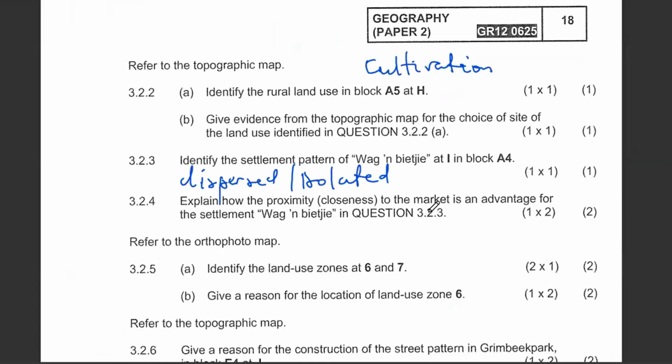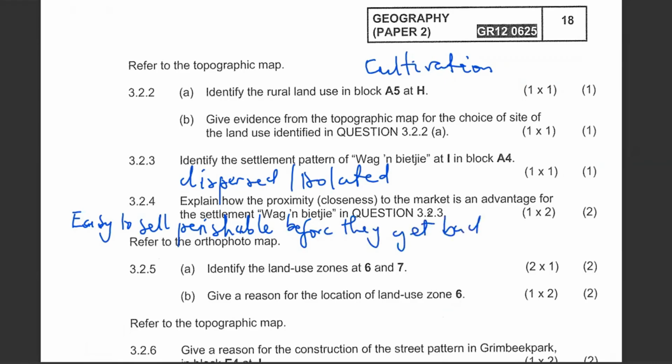We can conclude that it's easy to sell perishables if they are producing some farm produce there, which are perishable. It becomes easy for them to sell perishables before they go bad. Because they are close to the market, they can easily access the market and sell perishable products from the cultivation to the market.